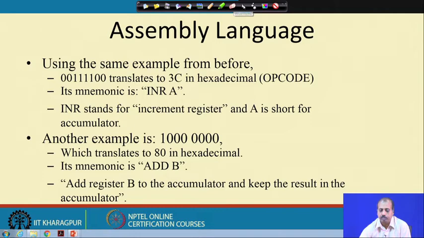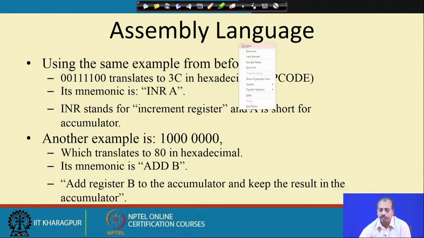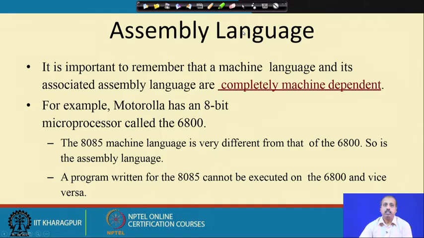This way, assembly language programs help in understanding the meaning of the machine language program for the users, not for the processor. The processor is happy with the machine language code in binary format, but for human understanding, we have assembly language. It is important to remember that machine language and its associated assembly language are completely machine dependent. If you learn the assembly language of one processor, it is not going to be the same as the assembly language of another processor.